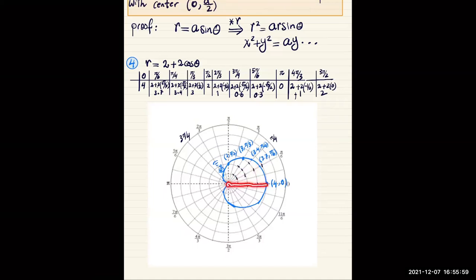That distance is at a maximum of 4 when theta is 0, and as you get close to the 180-degree angle, r is getting smaller and smaller. Then from pi back to pi over 2, r starts getting bigger and bigger. Again, it's a cardioid.